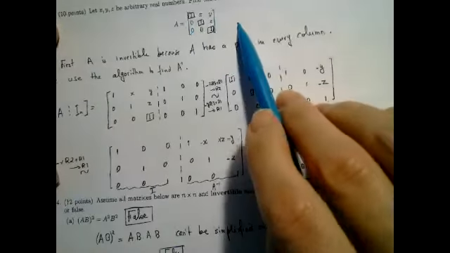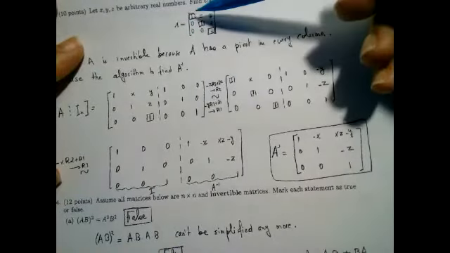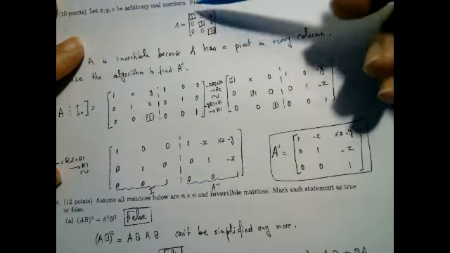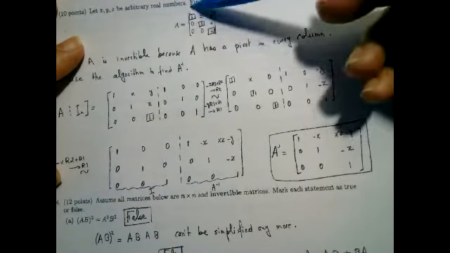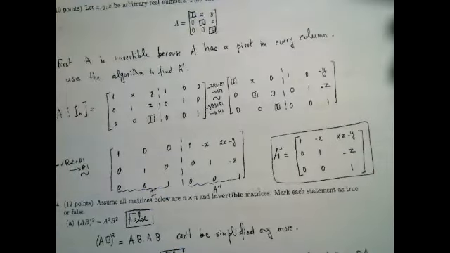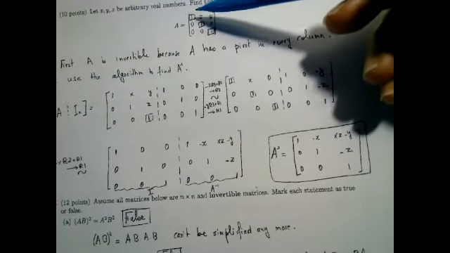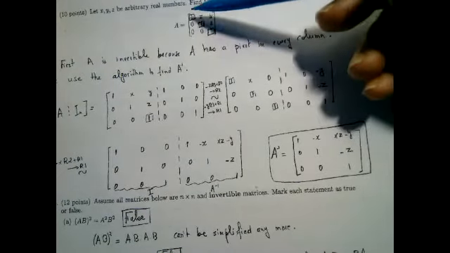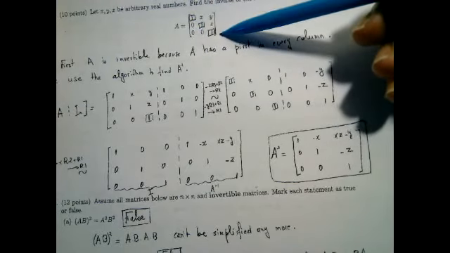And then number 10, I will not go over it. This is just a matter of computing the inverse. I gave you a matrix, find the inverse. First, immediately the matrix is invertible because I have a pivot in every row, in every column. Or you can compute the determinant. In this particular scenario, the determinant is 1, because if a matrix is triangular, the determinant is the product of the terms along the diagonal.